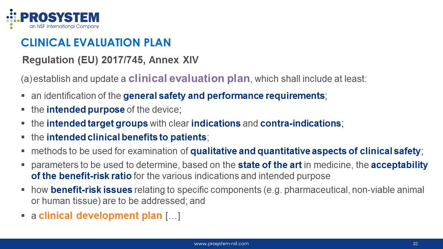A clinical evaluation plan should include an identification of the general safety and performance requirements that require support from relevant clinical data, a specification of the intended purpose of the device, a specification of the intended target groups, a detailed description of intended clinical benefits to patients, a specification of methods to be used for examination of qualitative and quantitative aspects of clinical safety, a specification of parameters to be used to determine acceptability of benefit-risk ratio for indications and intended purpose of the device, an indication of how benefit-risk issues relating to specific components will be addressed.